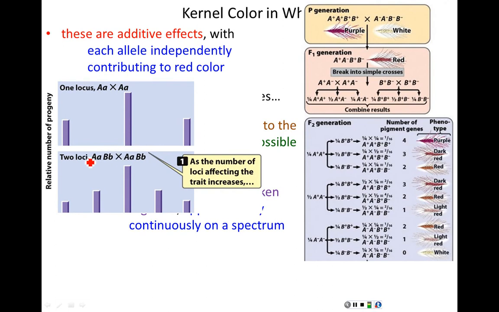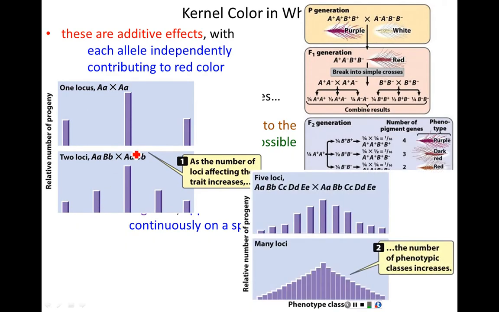Two loci with two alleles each. We get what we have here. Both ends of the spectrum, purple and white, and then dark red, red, light red, exactly as we're seeing here. 5 phenotypic classes. Let's move up to 5 loci. 5 loci gives us many different phenotypic classes, from one end of the spectrum all the way to the other, with another 1, 2, 3, 4, 5, 6, 7, 8, 9 different phenotypic classes in between.